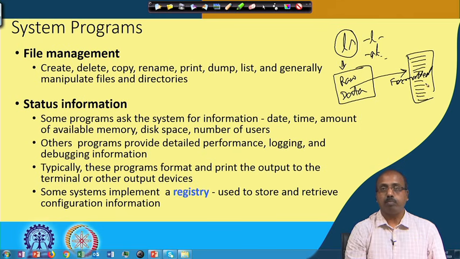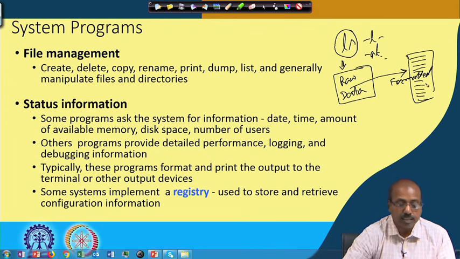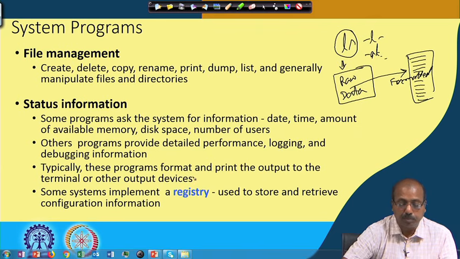These cosmetic changes or format conversions are done by the system programs, and the system calls return the raw data from the system, and the system programs format it in the form that the user has asked for. They format and print the output to the terminal or other output devices, and some systems implement a registry.